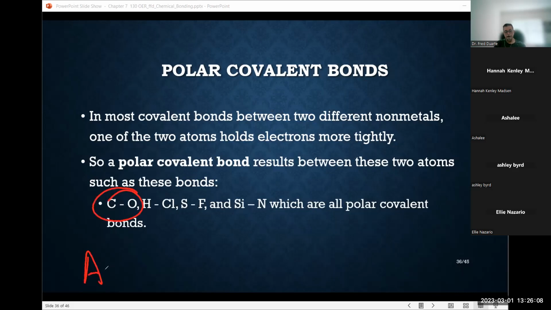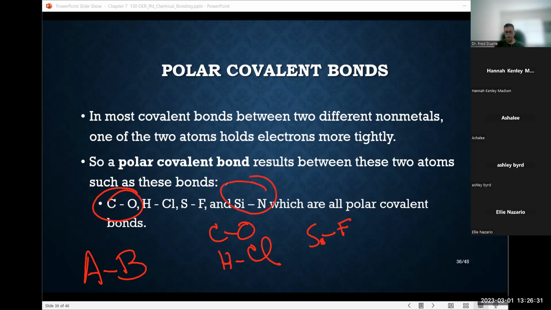All of these are the general formula AB. We have carbon bonded to oxygen, two different atoms, polar bond. Hydrogen bonded to chlorine, two different atoms, polar bond. Sulfur bonded to fluorine, two different atoms, polar bond. And of course, the last one, silicon bonded to nitrogen. Again, two different atoms, polar bond.